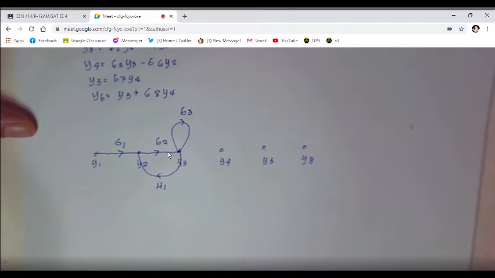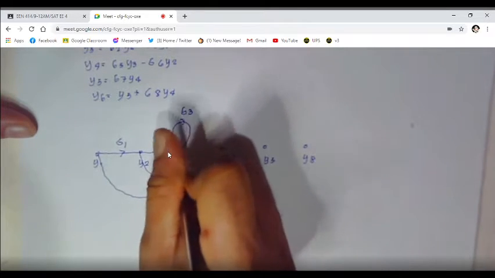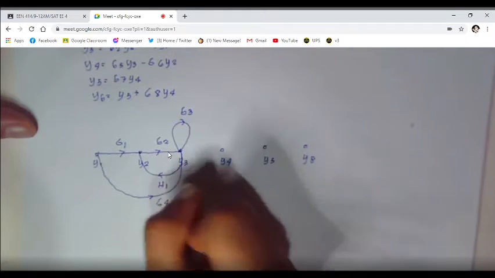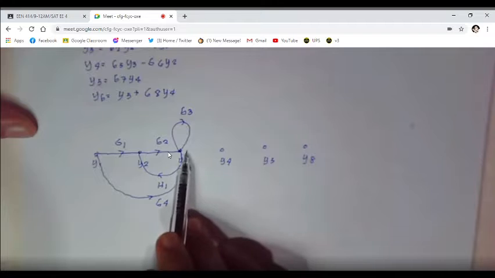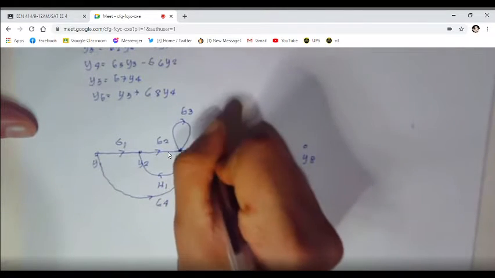Then Y1 goes to Y3 with G4. Then Y3 goes to Y4, with G5.